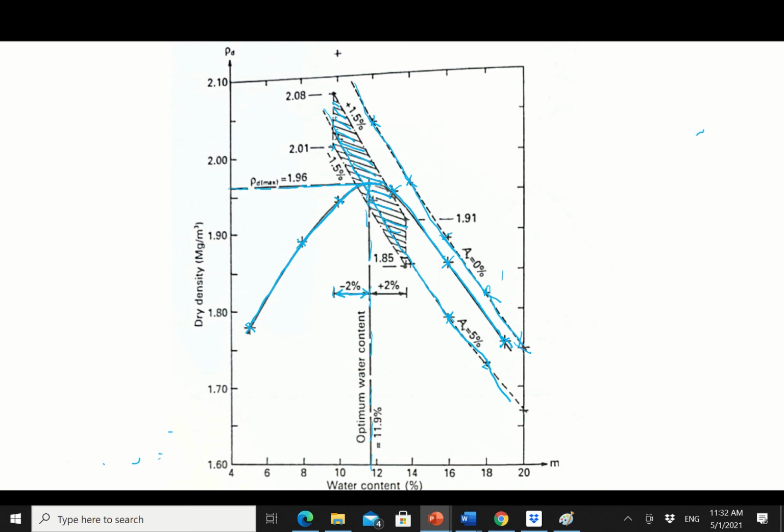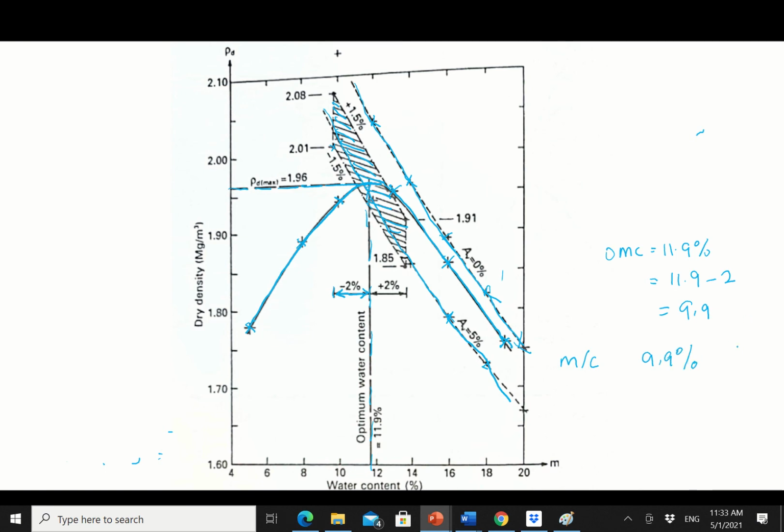So you have the optimum water content, which is 11.9%, less 2%, you get about 9.9%. And this 9.9% is the moisture content you must use.